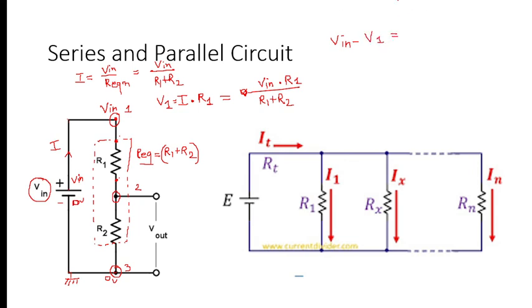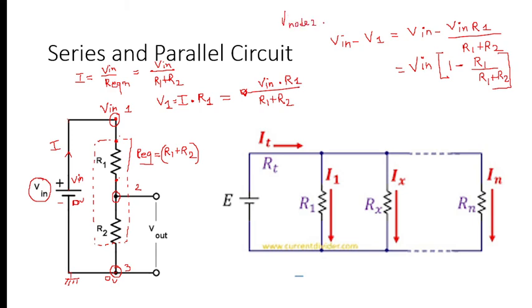So this value will be V in minus V in into R1 divided by R1 plus R2, that means V in into 1 minus R1 by R1 plus R2. This is the potential at node 2, the voltage at node 2.